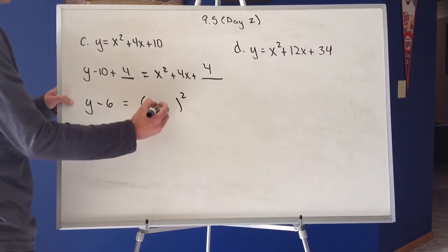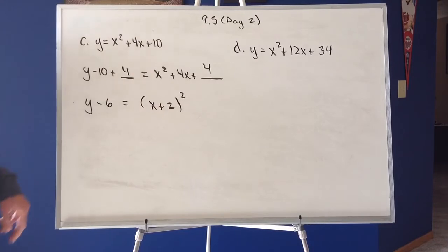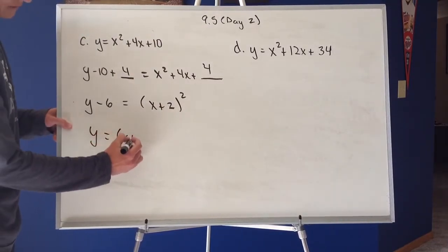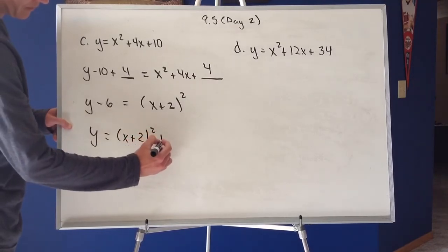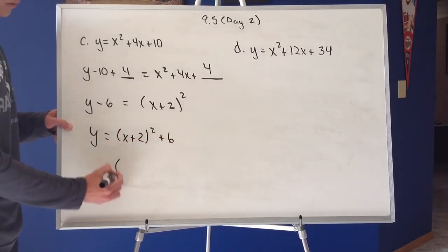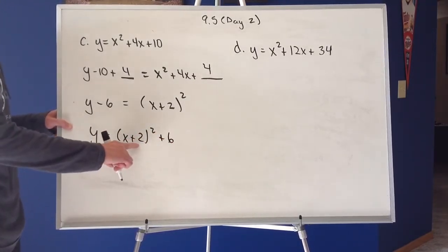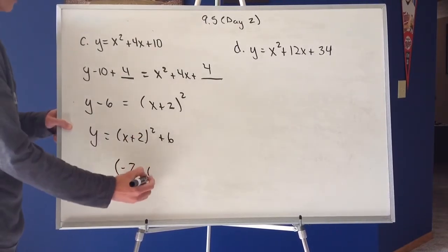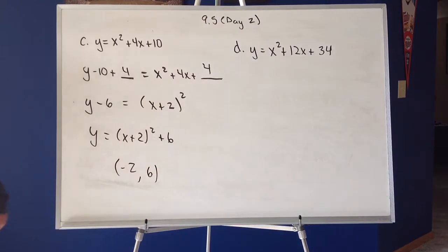For this one, it would end up being x plus 2. Bring your 6 back over to the other side. And then you can get the vertex. A positive 2 means it moved left 2, and then it moved up 6. So that would be the vertex if you were to graph this.